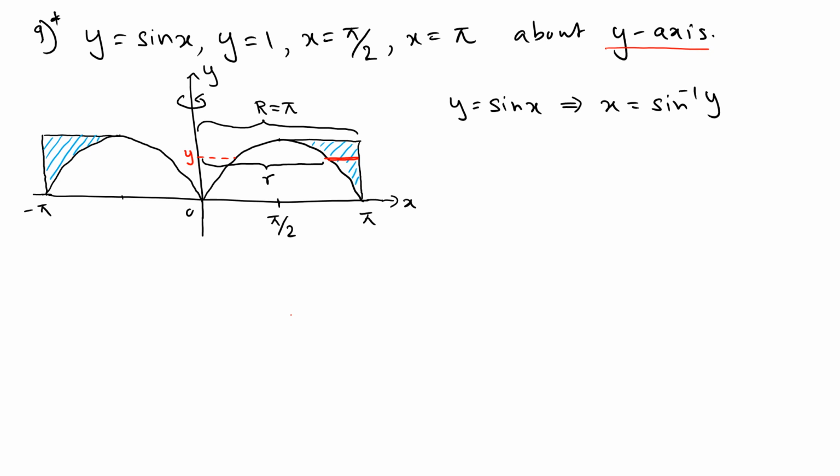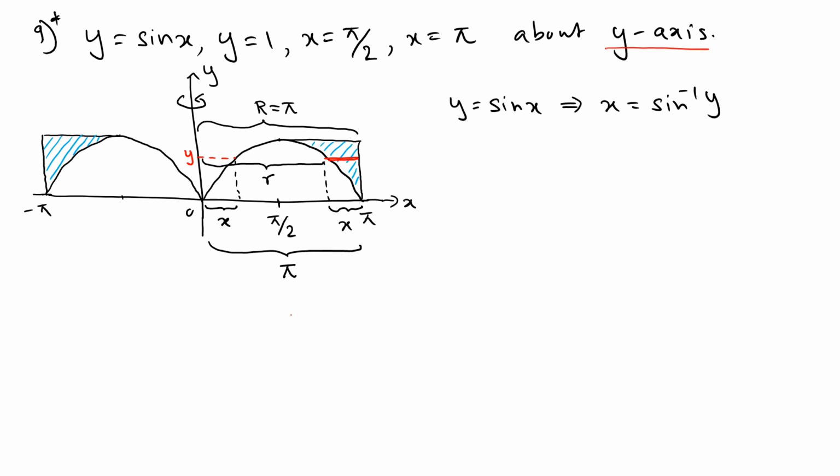So see what we're going to do now. We know that this is the x coordinate, and you can see that it's exactly equal to this value right here. If you look at the length, they are the same by symmetry. So to find r, we know that this is pi.